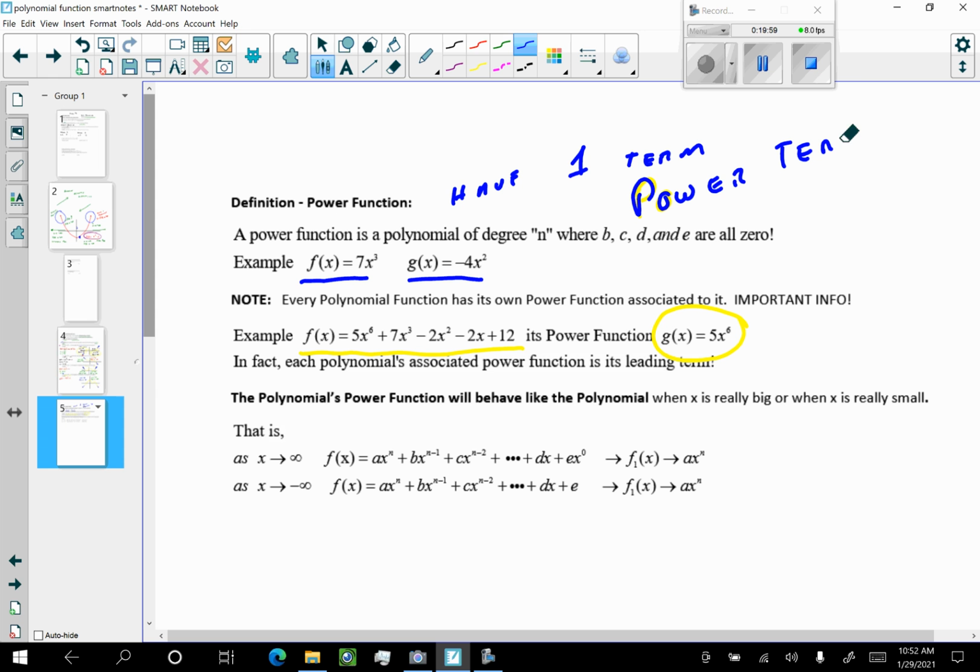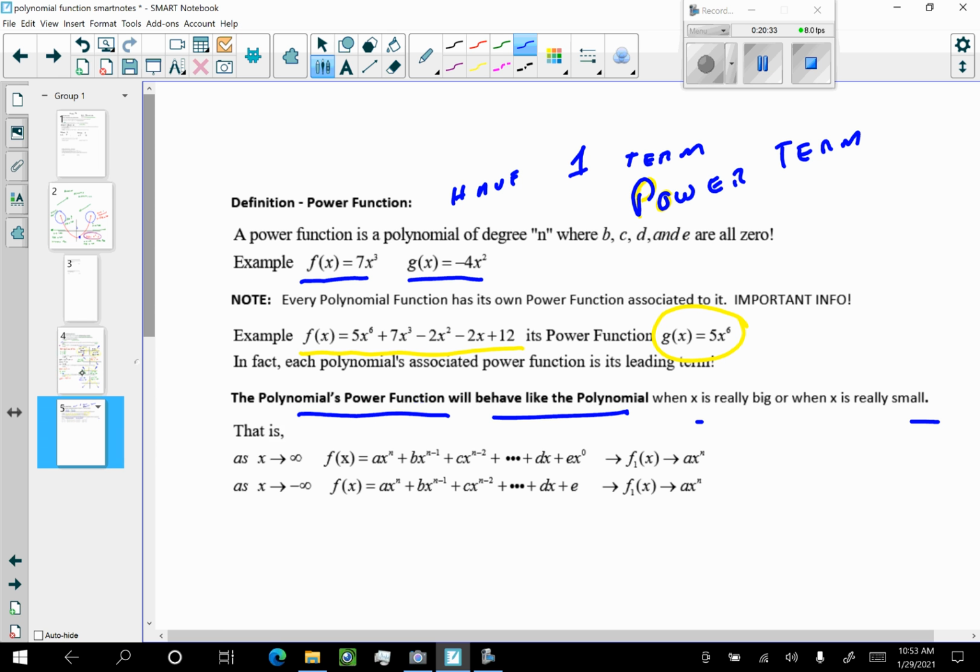Guess what, ladies and gentlemen? The polynomial's power function is going to behave like the polynomial. Where? At the end. So the power function is going to determine the end behavior of the polynomial, and that's what all of my notes were about previously. So a polynomial's end behavior is determined by its power function. That's why if I go back to the previous page, what did I worry about?